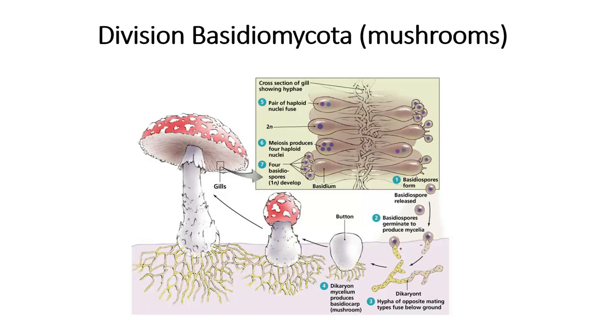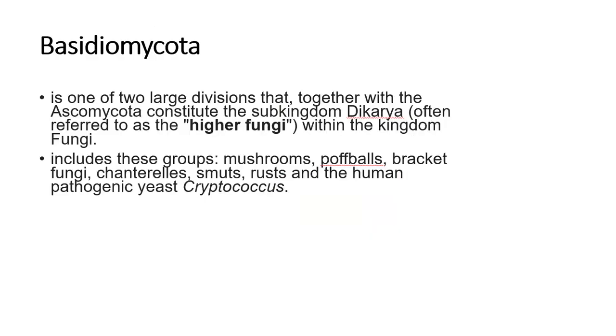Basidiomycota doesn't really cause us any problems, but I put it in here because these are your mushrooms. These are your true mushrooms. Just FYI. There are two large divisions, but the higher fungi, mushrooms, the puffballs, the chanterelles, all that. There is one bad guy in here, and that is Cryptococcus.